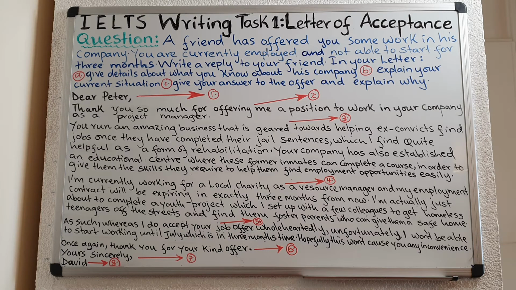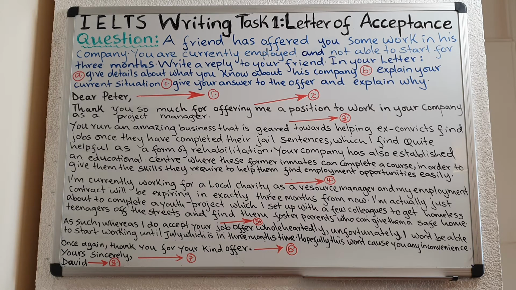You should spend 20 minutes to write your task 1 and 40 minutes to write your task 2. Always leave about 2 to 3 minutes at the end of your task 1 to correct any mistakes that you made in grammar or spellings.